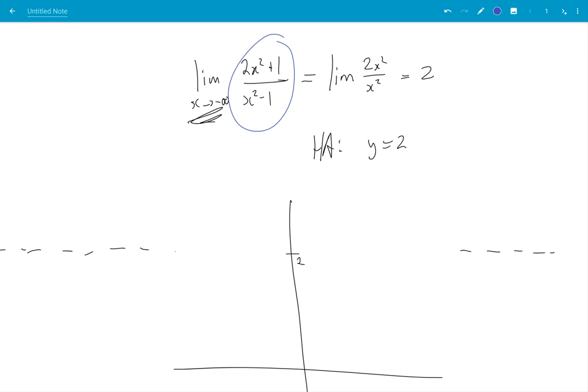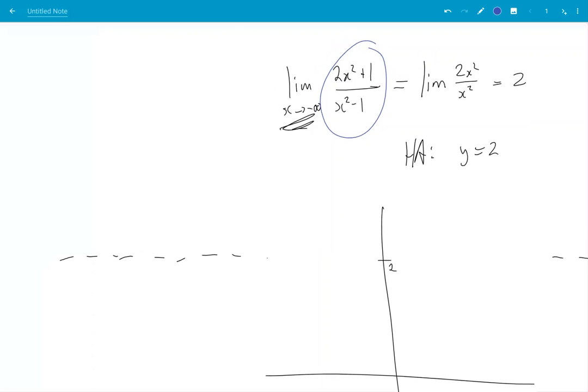If I'm bigger than 2, then I'm going to have something like this. And if I'm smaller than 2, then I would have something like this. If I plugged in, say, minus 6, and got something less than 2, then my function is doing that. And if I got something bigger than 2, my function is doing something like that.